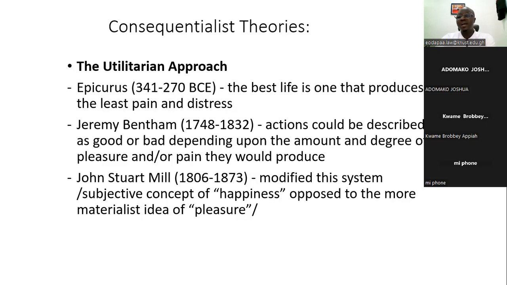Then we also have another scholar called John Stuart Mill, J.S. Mill. He also developed the utilitarian approach further and modified it by introducing what we call the subjective concept of happiness, as opposed to the more materialistic idea of pleasure.